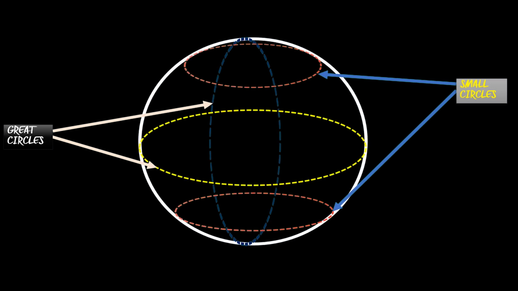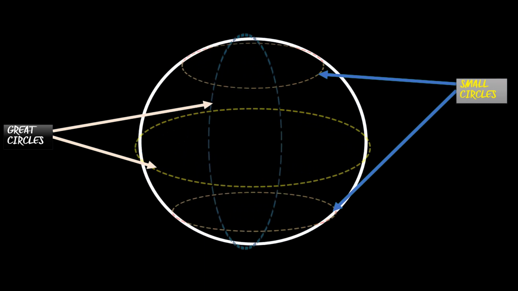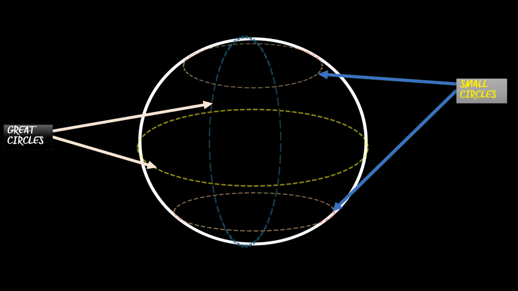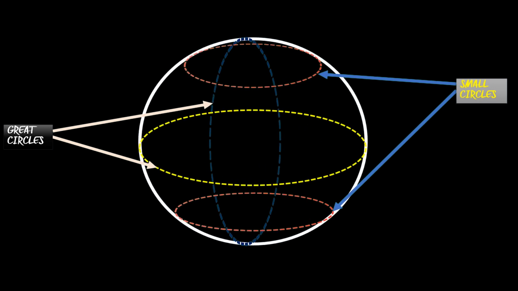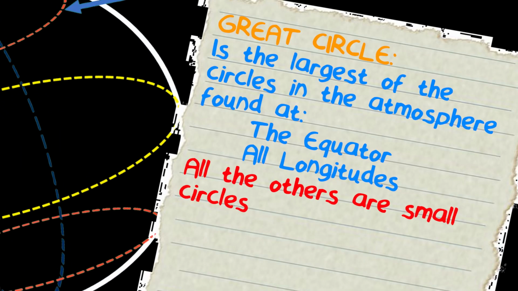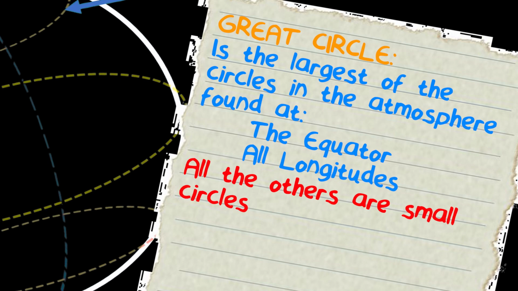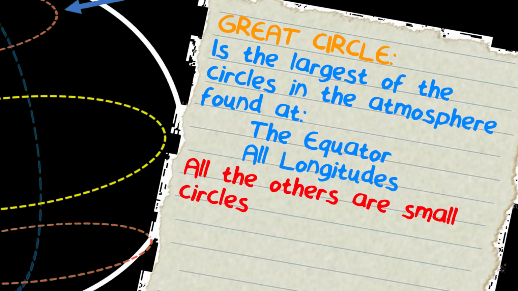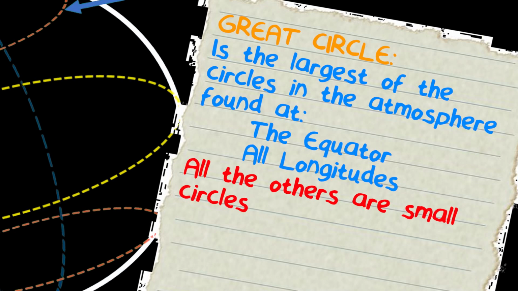Now, this brings us to the definition of what a great circle and a small circle is. We can tell now, after cutting our globe alongside the latitudes and longitudes, that a great circle is the largest of circles that cuts the globe into two equal hemispheres. And all the other circles that are formed are small circles.